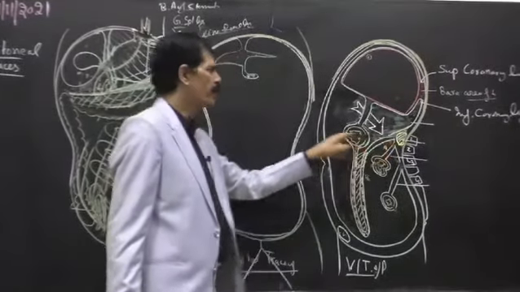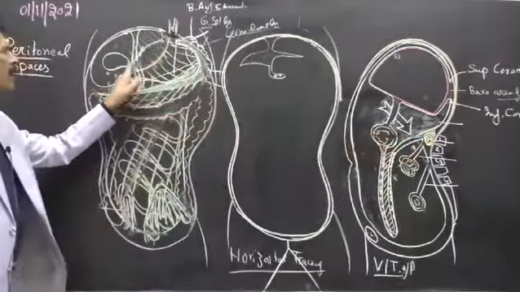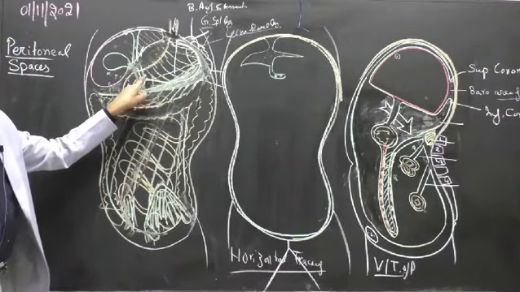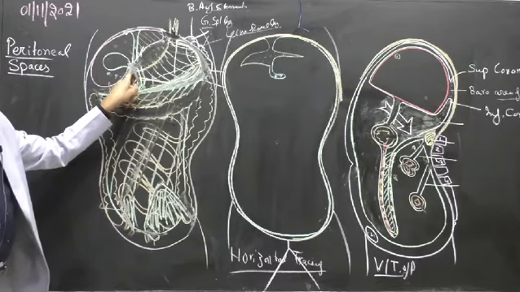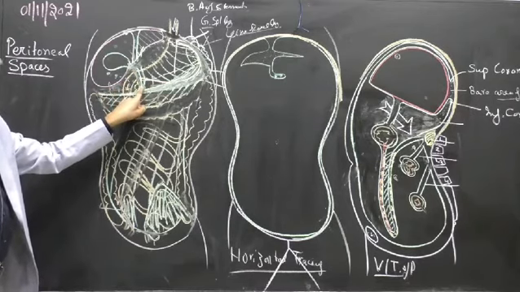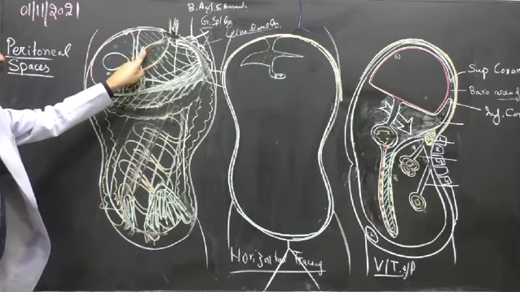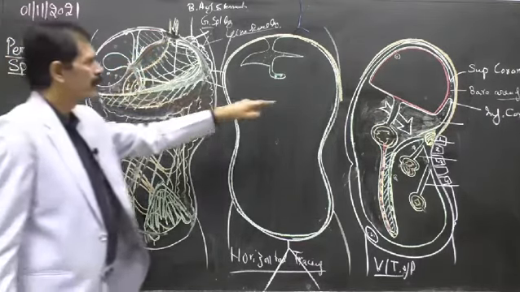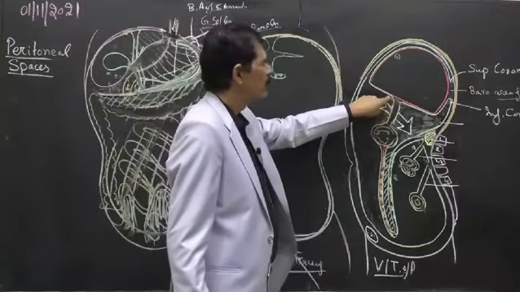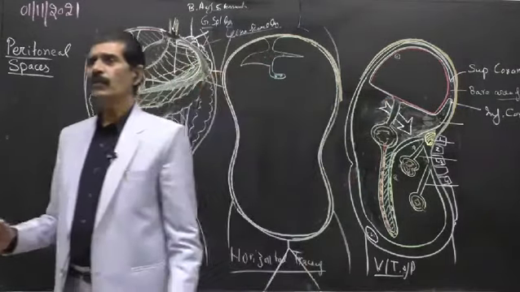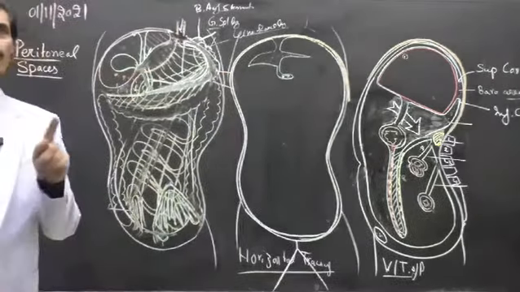And then the 4th cut, we have to cut the pylorus also, because the pylorus is continuous with the duodenum. So this junction we also have to cut. Then we have to cut the lesser omentum also, here also. Then the stomach will be out. So this much we have to cut to remove the stomach.